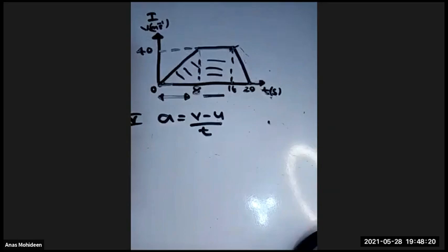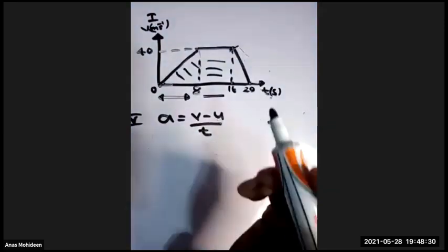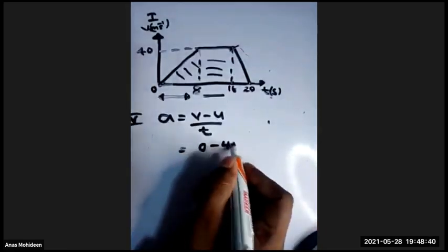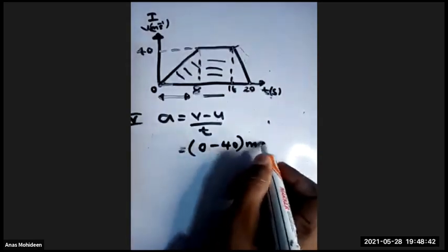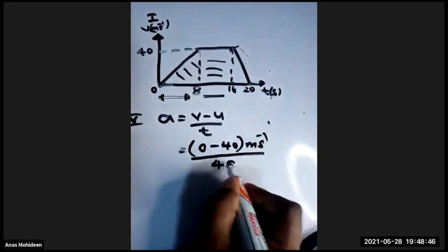And the other problem is when you are getting the difference, you have to take it as final minus initial, that means 0 minus 40. But the second mistake that is commonly done is to take it as 40 minus 0. That's wrong, because the final velocity is 0, initial velocity is 40. So I'm going to take 0 minus 40 ms⁻¹, dividing by the time taken, 4 seconds.